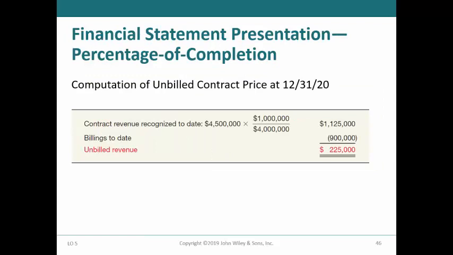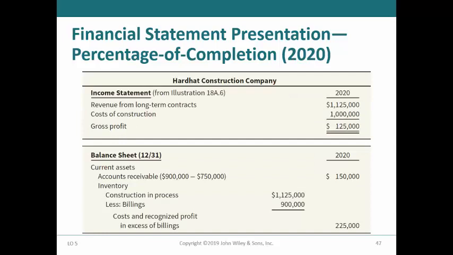The computation of the unbilled contract price at the end of 2020 was $225,000. This is equal to the difference in the contract revenue recognized to date of $1,125,000 and the progress billings of $900,000. This amount would be shown as a current asset on the balance sheet.